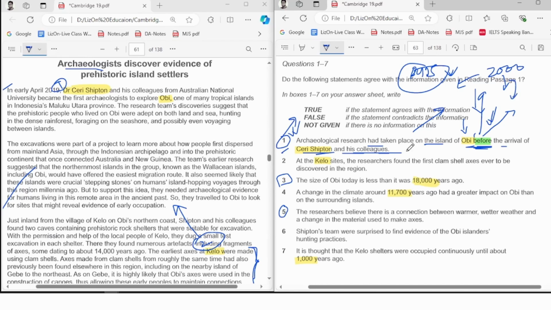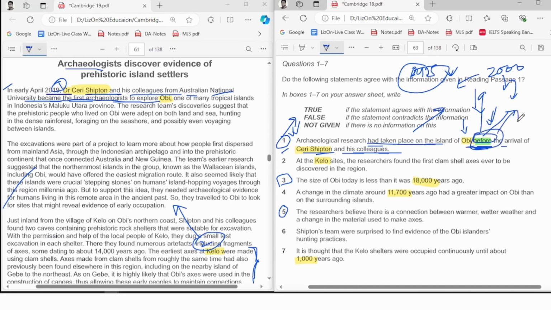So they're saying, see, in early 2019, Dr. Shimton and his colleagues from Australian National University became the first archaeologists to explore the island. So they were the first, which means there was no archaeological research before they came.